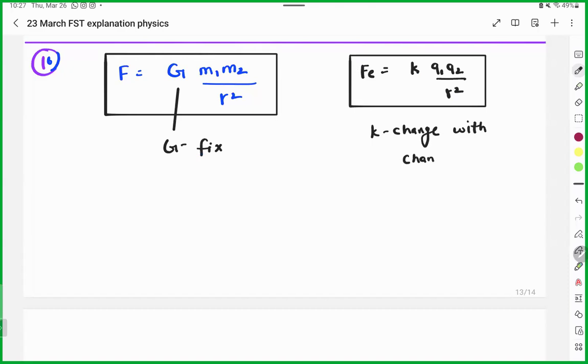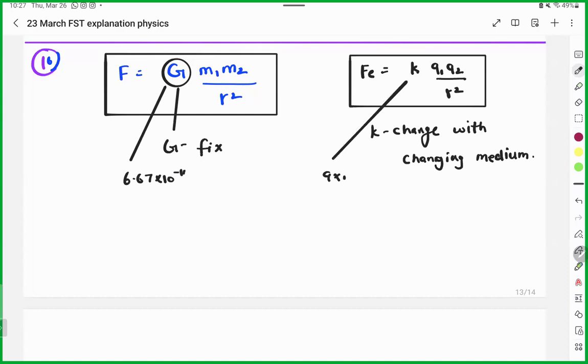But even if you change the medium in case of gravitational force, G value will remain fixed, 6.67 into 10 raised to power minus 11. This is 9 into 10 raised to power 9. Correct? That's one.